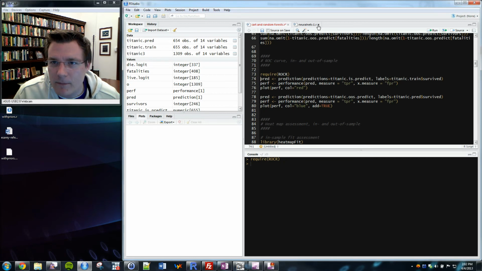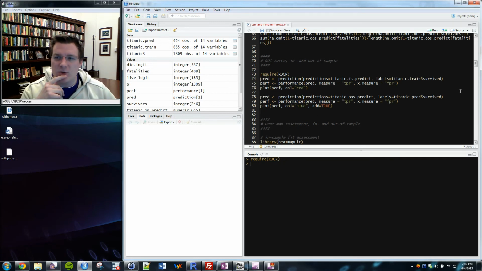The ROCR package, first of all, wants you to generate predictions in a format that's amenable to the construction of a ROC curve. So you feed in your GLM or whatever other neural network, whatever predictions you have, as probabilities into the predictions argument for this prediction function.